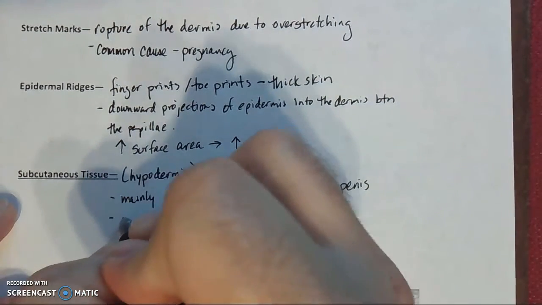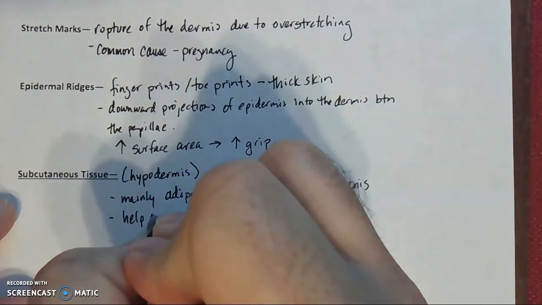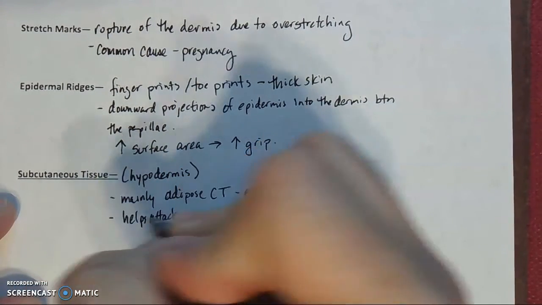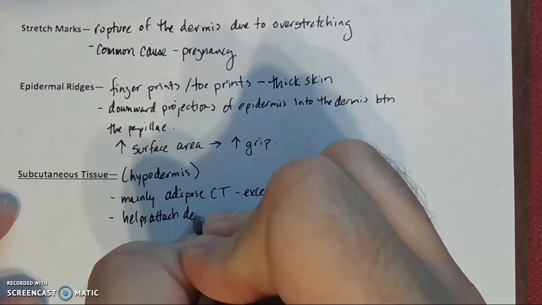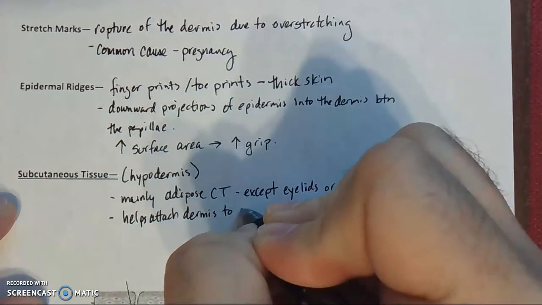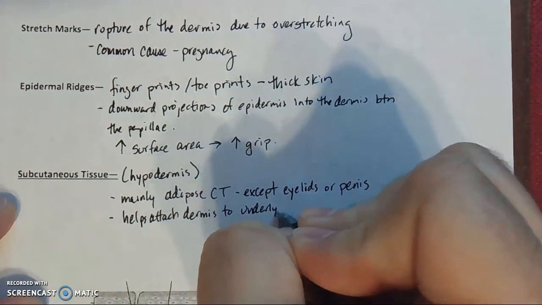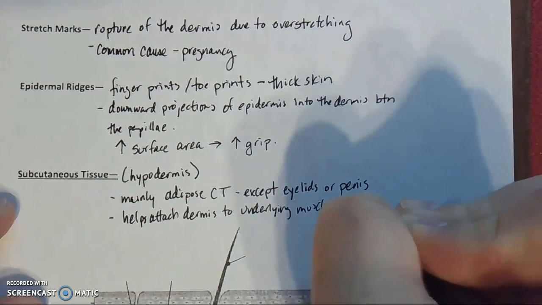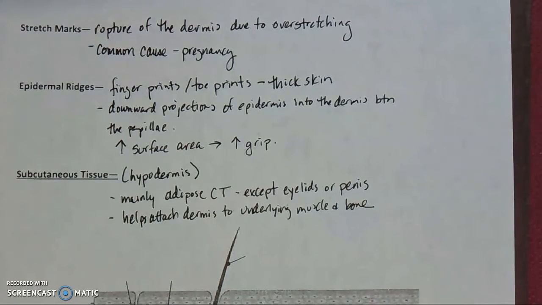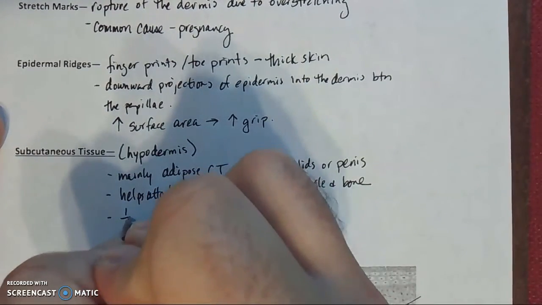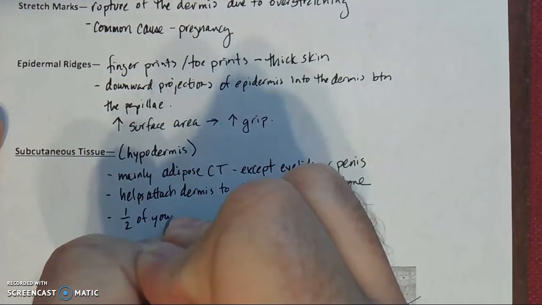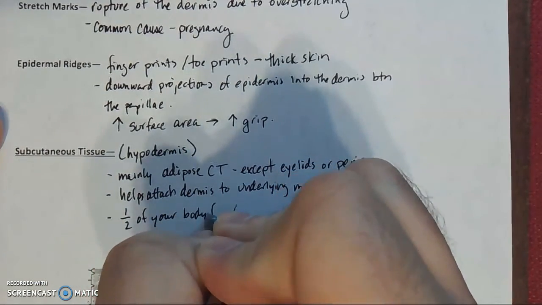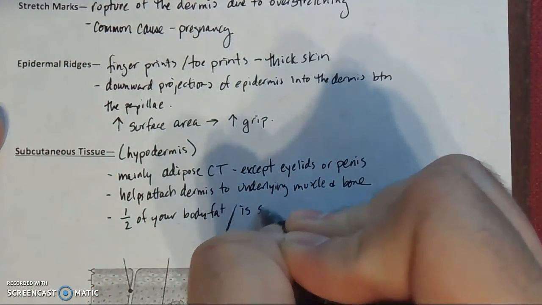But the purpose of this is to help attach dermis to underlying muscle and bone. So this is kind of a go-between. So it's mainly adipose. We're going to have a little bit of areolar in there too. And about half of your body fat is stored here.